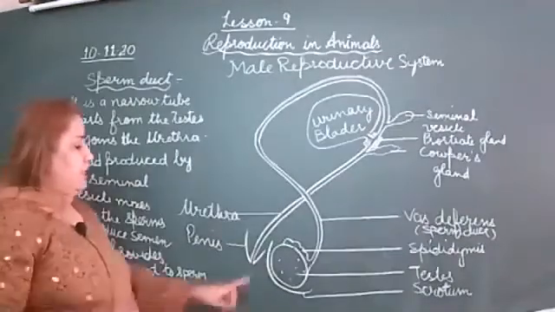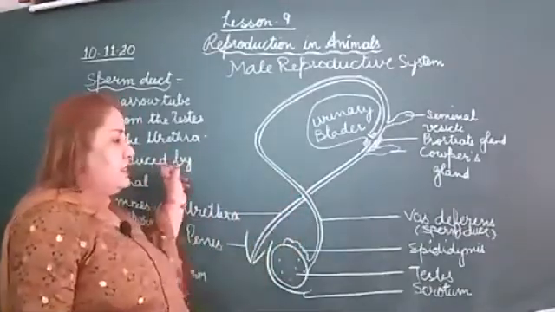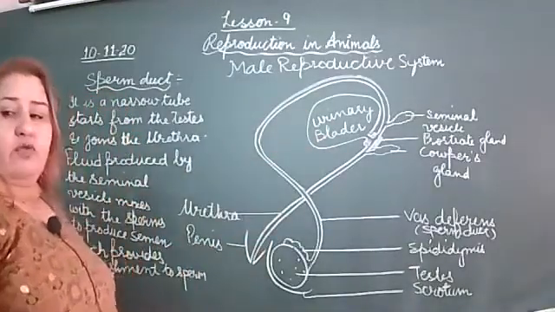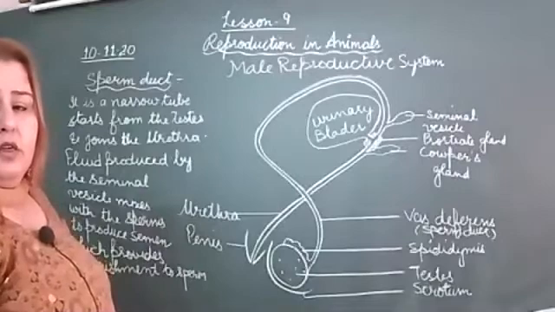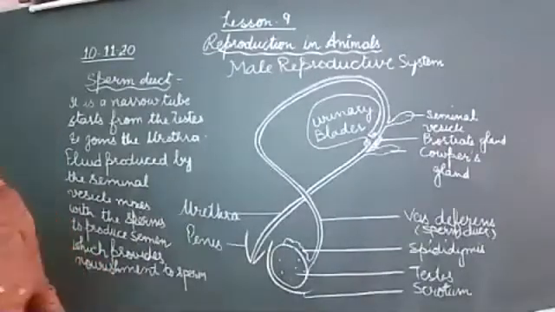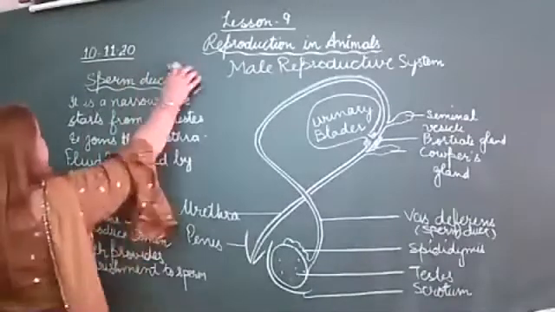We already had discussed scrotum, testes, epididymis, vas deferens, which is also called the sperm duct. After that, the glands. Now we will discuss the urethra. It is a long tube that carries urine.